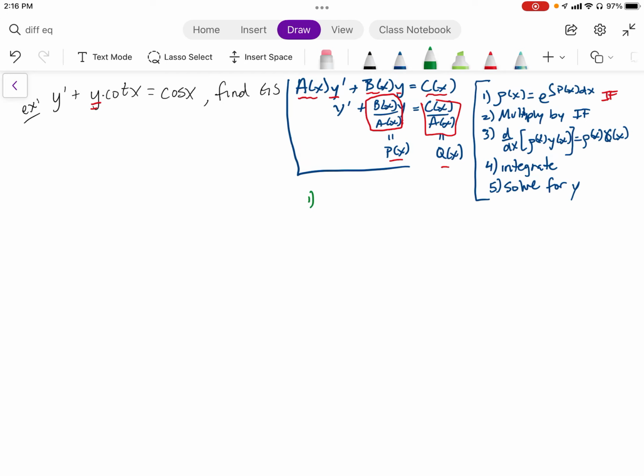So step one, we need rho of x. It is e to the integral. Remember, p of x is cotangent. Q of x is cosine. So e to the integral cotangent x dx.